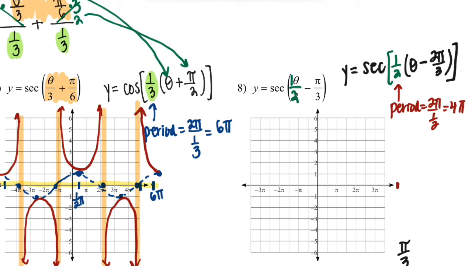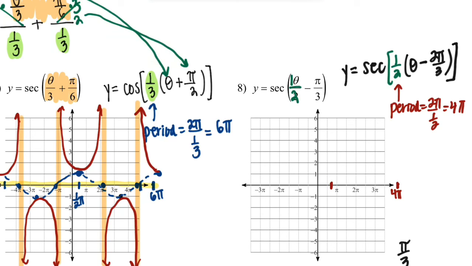So 2 pi over 3 is right past pi over 2. So we're going to be somewhere right about there. This is the secant curve.